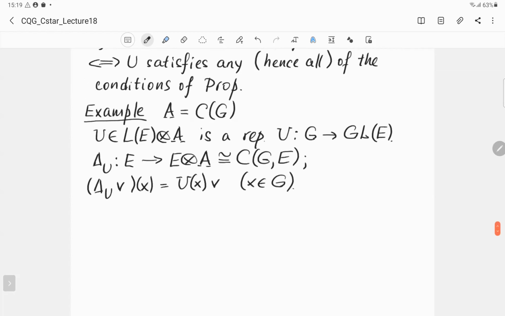So we see that our subspace F is U-invariant.